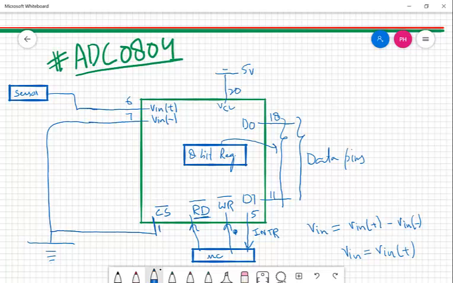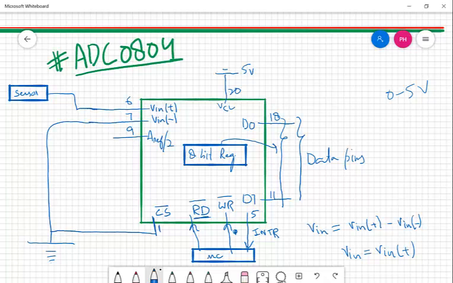Apart from this, we also have pin number 9, known as Vref by 2. This pin actually fixes the reference voltage. If this pin is not connected, the reference voltage is fixed from 0 to 5 volts. And if we connect a different voltage to pin number 9, the reference voltage changes.